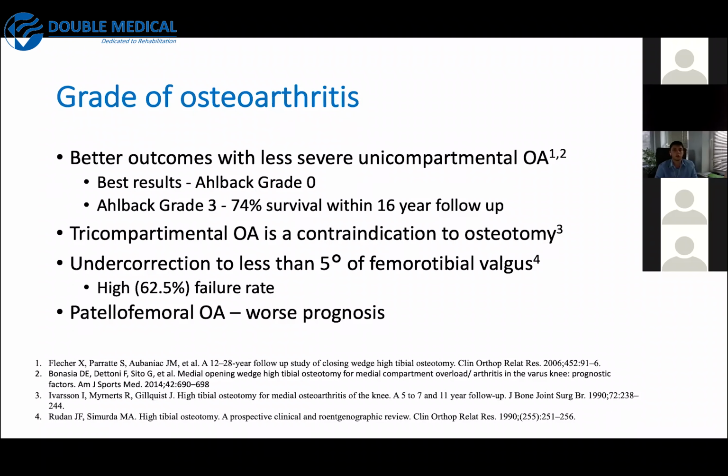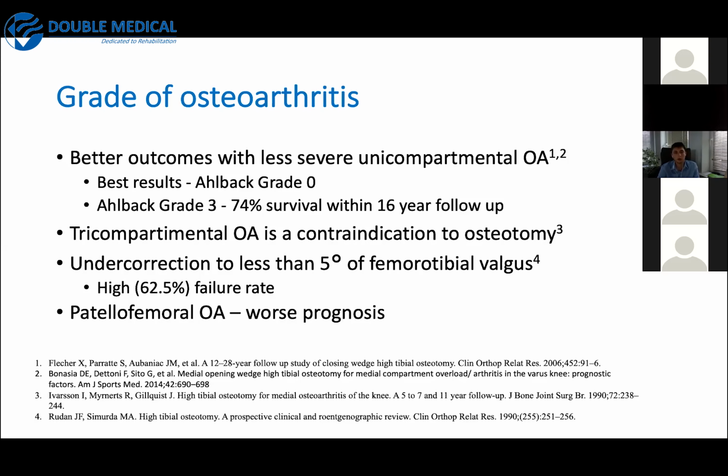Grade of osteoarthritis is very important. Patients with less severe osteoarthritis will get more benefit from this procedure. And 3-compartmental osteoarthritis, with medial and lateral tibial plateau osteoarthritis and patellofemoral arthritis, is a contraindication to the surgery.